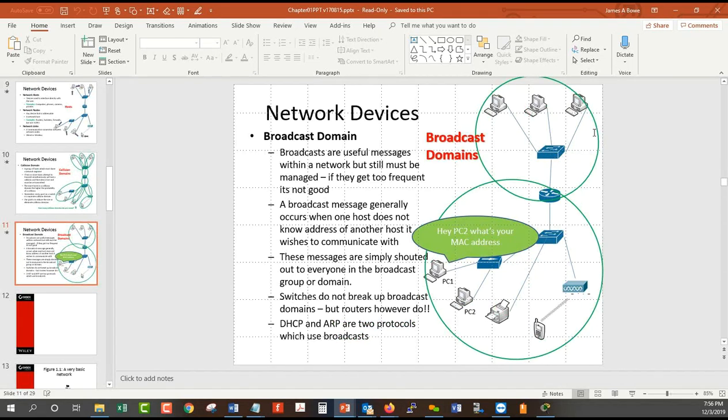All right. So the next thing you've got to figure out is broadcast addresses, or broadcast domains. And broadcast domains are only broken up by routers. And Patrick, what is this?